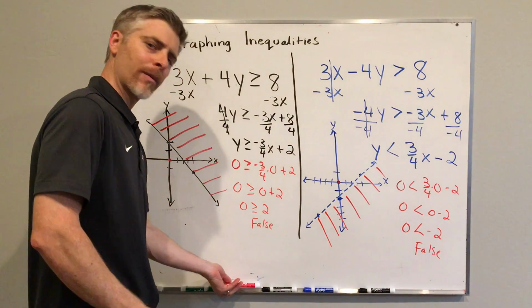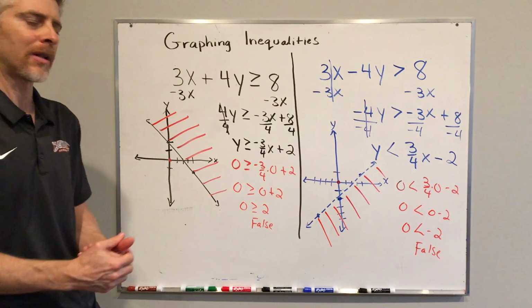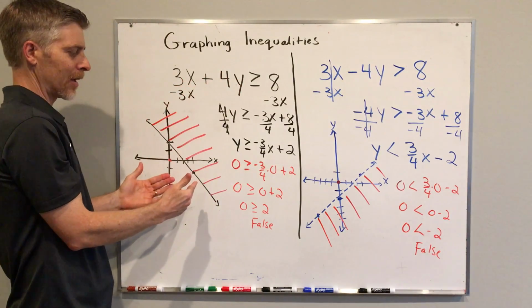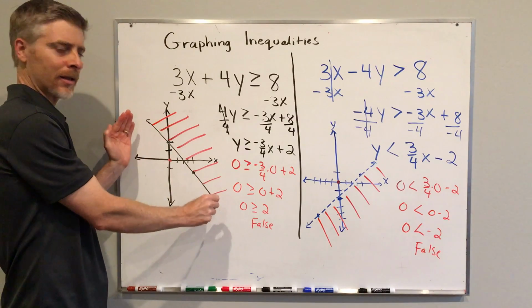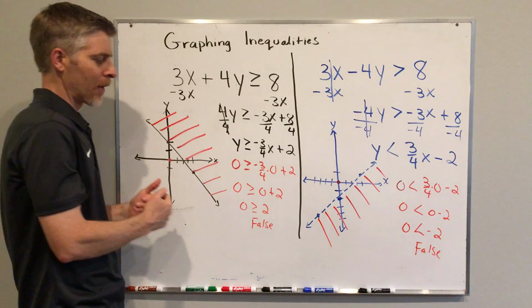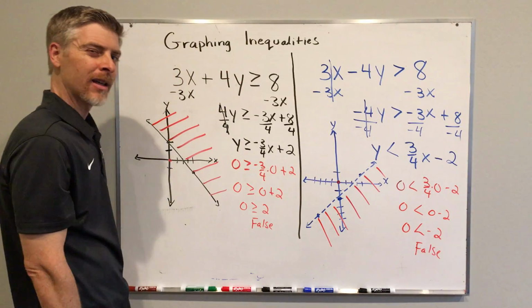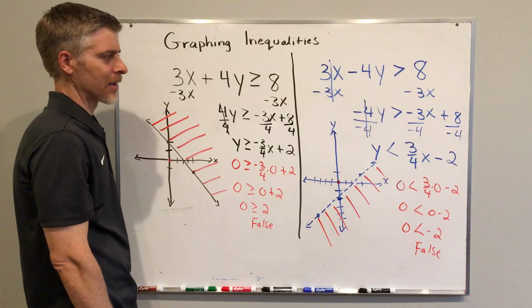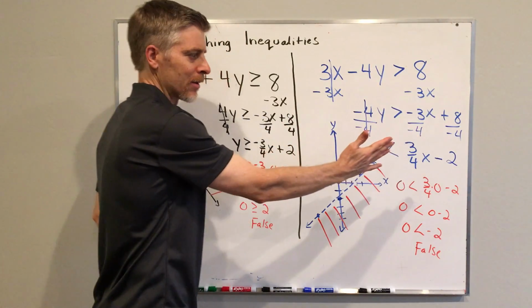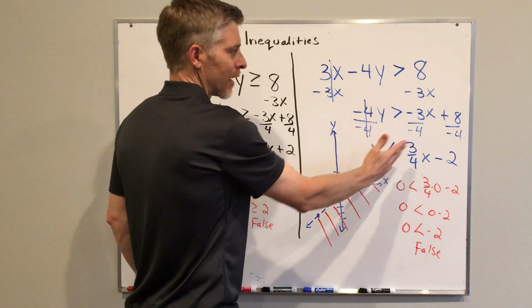All right, so that should about cover all the examples that you might run into. So you've got to get it into y equals mx plus b, graph your line, decide which side to shade. Make sure you're asking, is it a dotted line or is it a solid line? And be careful for flipping arrows. When you divide by a negative, the arrow flips.